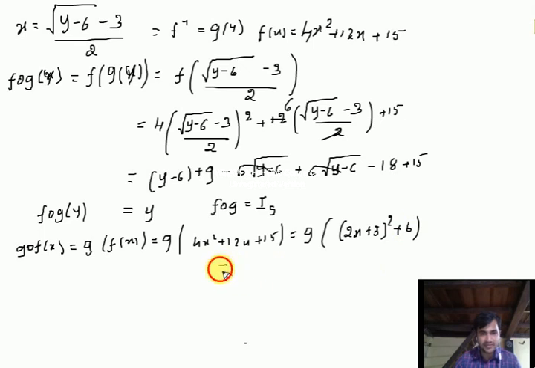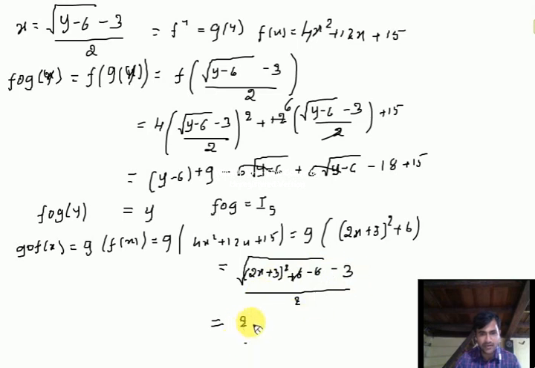Therefore, this is equal to g, a function which converts an element to square root of element minus 6 minus 3 divided by 2. So it will be square root of 2x plus 3 whole square plus 6 minus 6, minus 3 divided by 2. 6 gets cancelled and also square root and square get cancelled. 2x plus 3 minus 3. We have only 2x divided by 2 is equal to x.